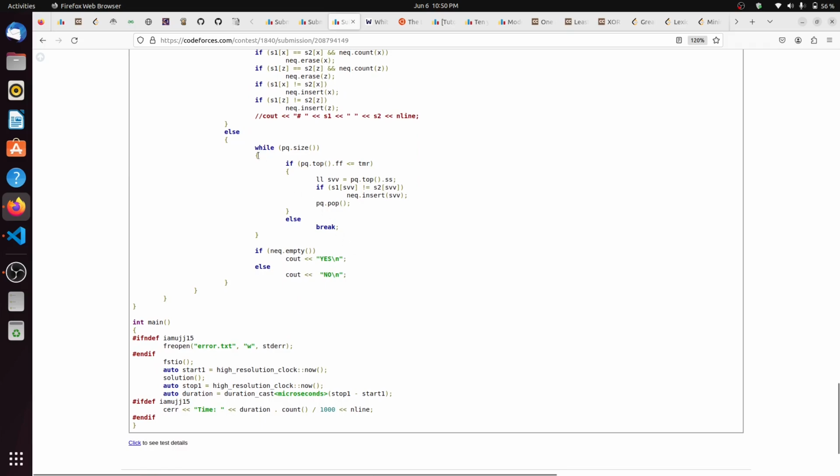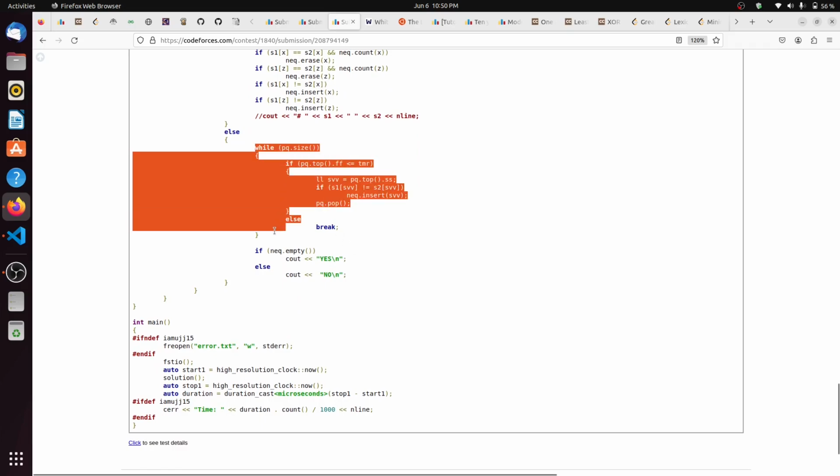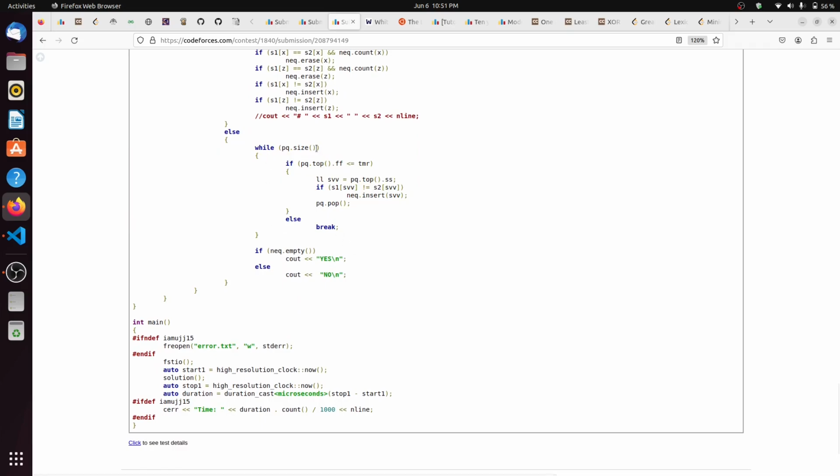Now the third type of query is there. Before processing the third query, we will simply take out pairs from our priority queue, such that if the pair at the front has its first value smaller or equal to the timer, the current time, it means they were blocked for this much time only. Then it is their time to get unblocked.